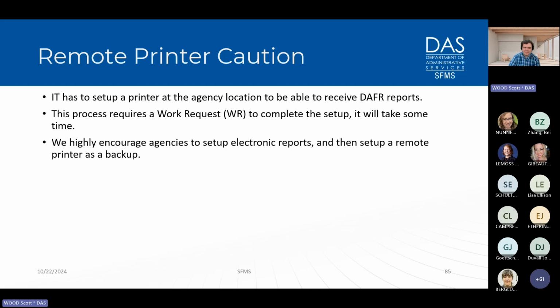IT has to set up a printer at the agency location to be able to receive DAFR reports. This process requires a work request to complete the setup, and it'll take some time. Our electronic reports are instantaneous. You can download them from the SFMS website, and we are working on alternative ways to get the reports to you, which will be discussed at a later date.